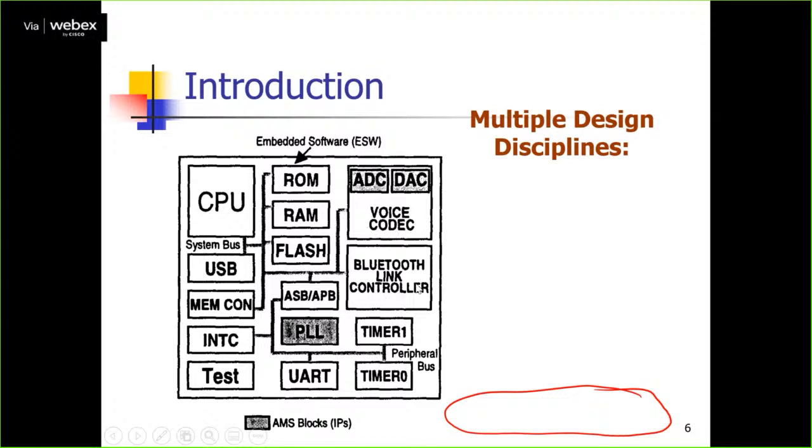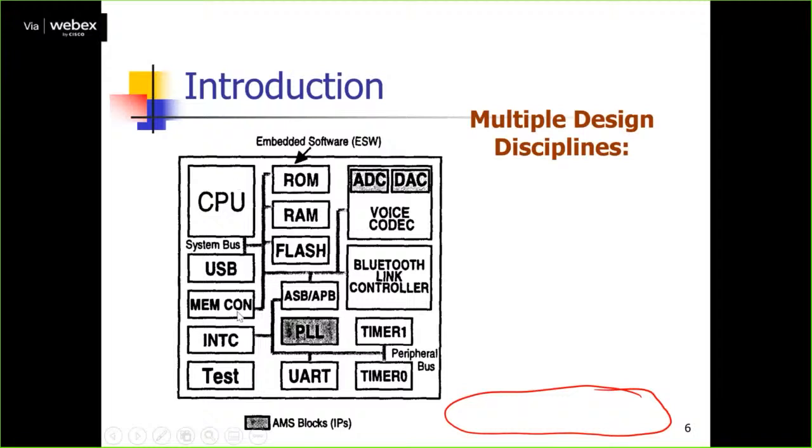So the different application appearances: maybe a voice codec, maybe video frame analysis, wireless link controllers, maybe a Bluetooth wireless link controller, etc. Then creating your synchronicity at the single end, that is the PLL, timers, etc. All these things will be presented in our cases at a single one, that is in the test cases.